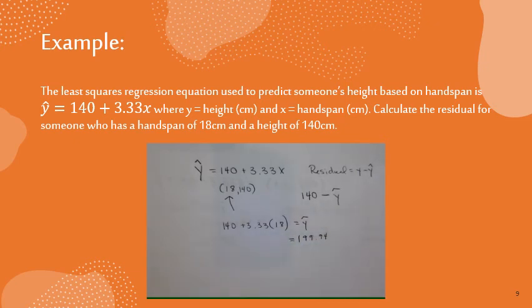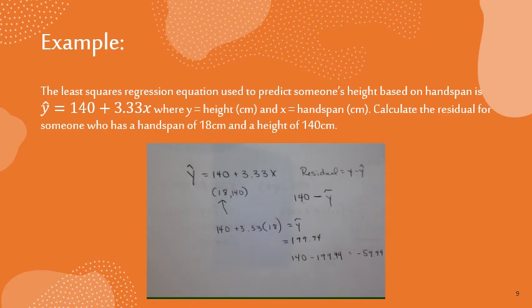Now to find the residual, we are going to take the actual 140 and subtract our predicted. So 140 minus 199.94 is going to give us a negative 59.94.